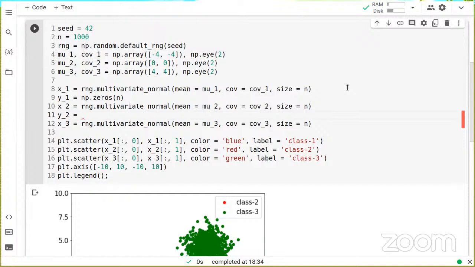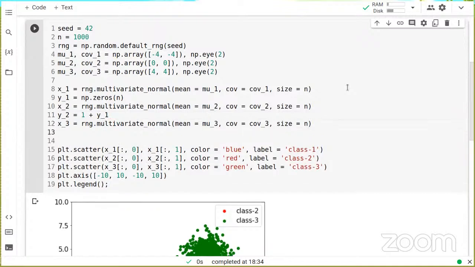It should be 1, right? So I'll just do 1 plus y1. These are all class 0, these are all class 1. And y3 will be 2 plus y1, or 1 plus y2. Both are correct. So let me rename this as class 0, class 1, class 2.